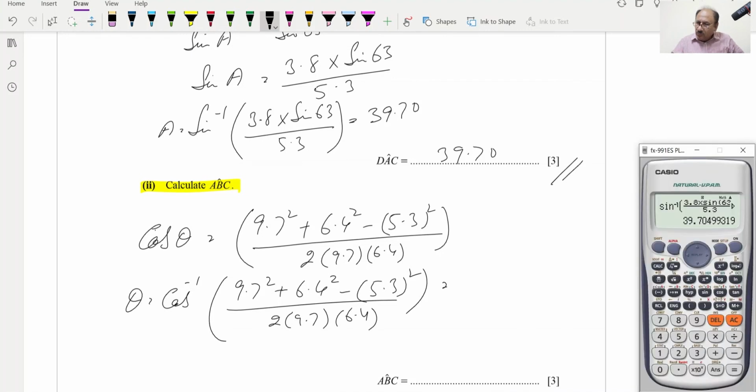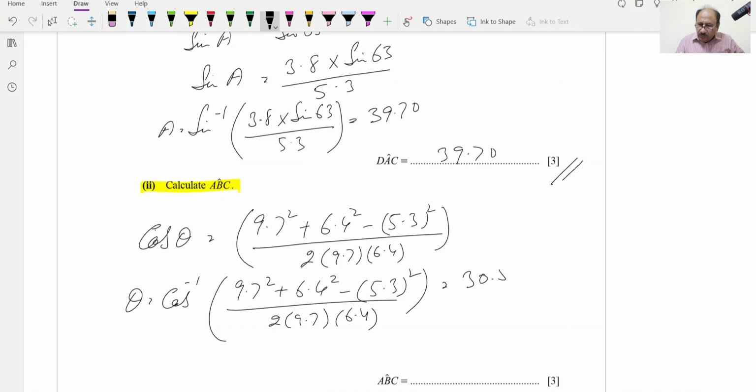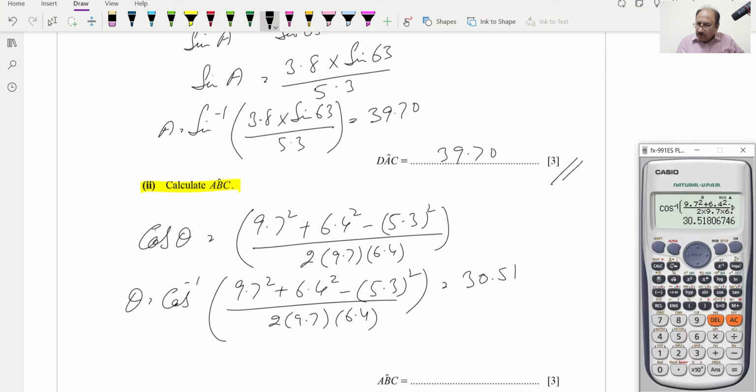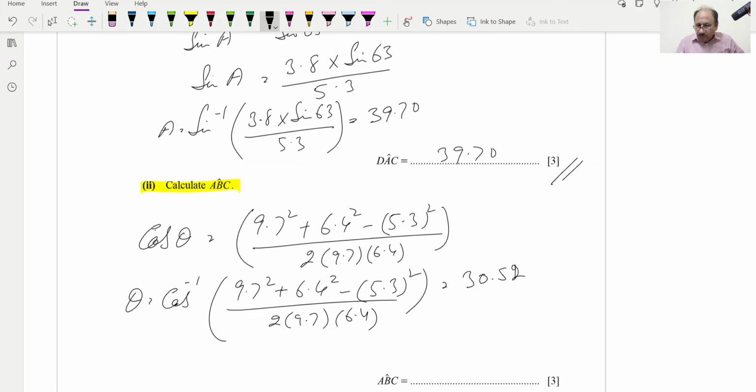And this will be equal to what? This will be equal to shift cos of fraction, and this will be 9.7 squared plus 6.4 squared minus 5.3 squared divided by 2 into 9.7 into 6.4, and bracket will be closed, and the answer will be 30.518, or we can write 30.52.